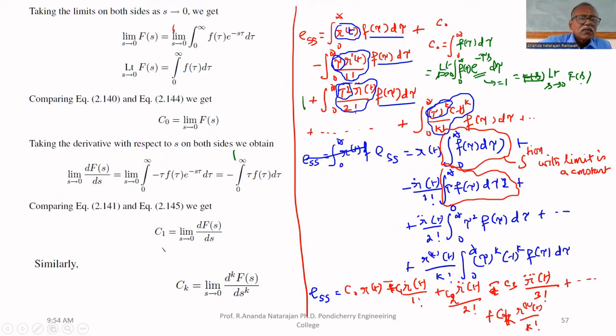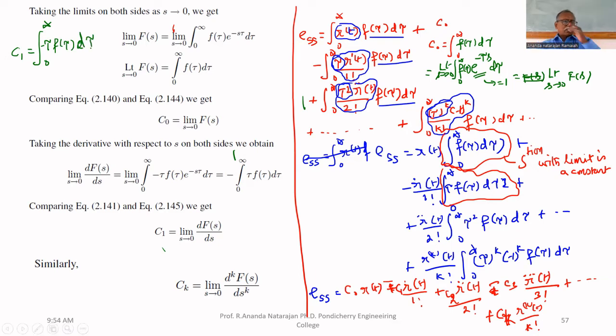What is C1? How to find C1? What is the actual C1 expression? I am writing that expression: integral of 0 to infinity minus tau f of tau d tau.